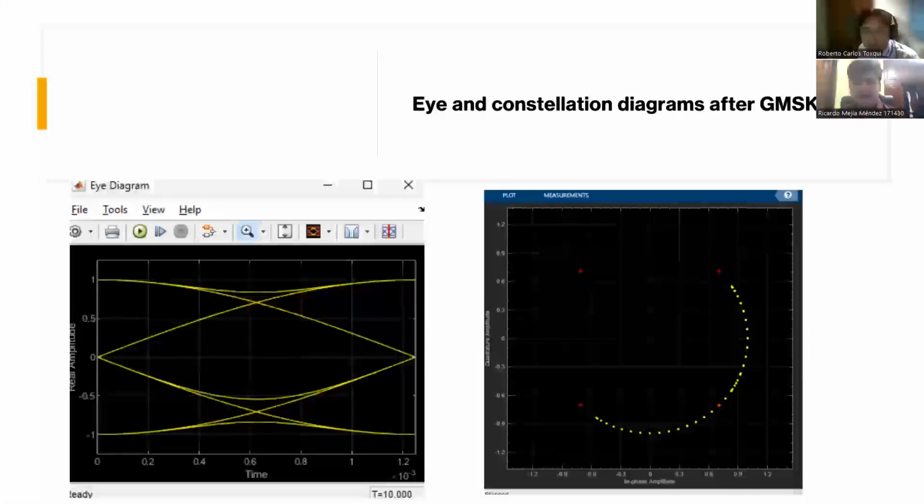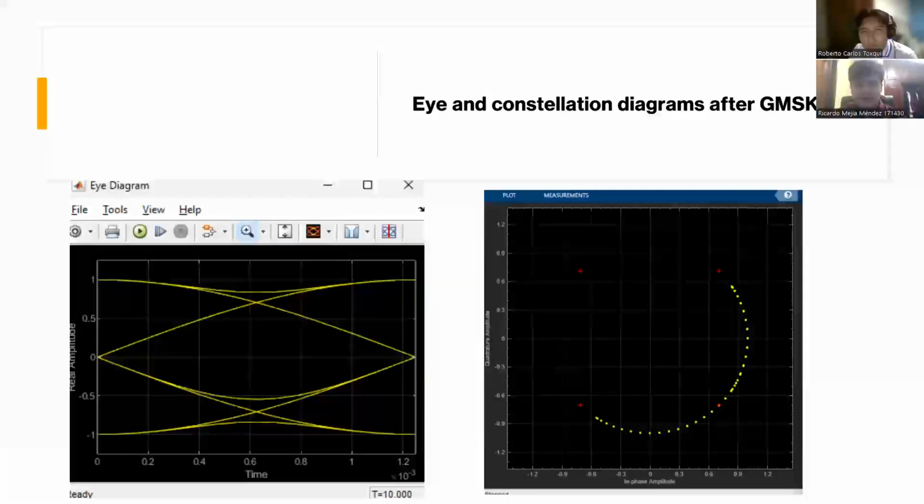Its parameters are reported in our project, and the output of this block is visualized in the eye diagram that we have here in the slide, and the constellation diagram also that we can see here.